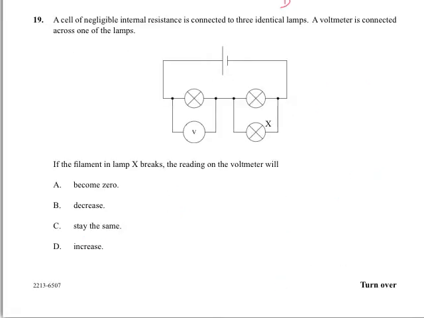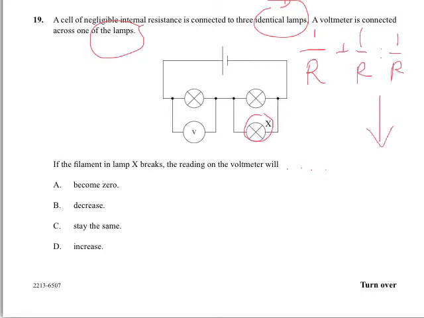Question 19. A cell of negligible internal resistance is connected to 3 identical lamps. A voltmeter is connected across one of the lamps. If the filament in lamp X breaks, the reading in the voltmeter will, let's have a look at the situation. We know that if we put resistors in parallel, the overall resistance decreases. Okay, so here we have resistors in parallel.